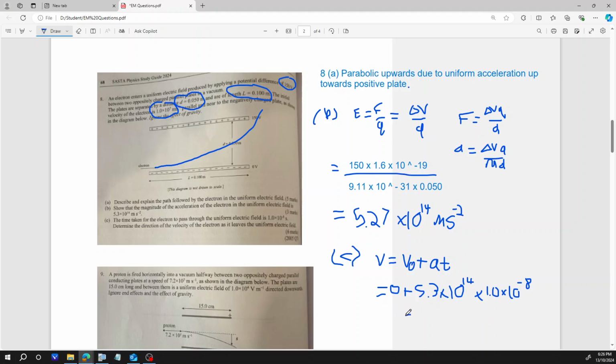I can read what that is straight away. It's 5.3 times, because all I'm doing is times it by 10 to the minus 8. This brings that one down to power 6.